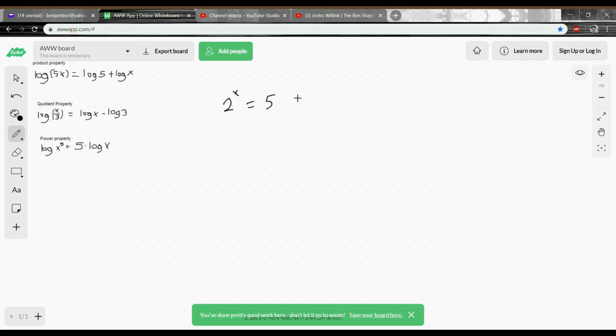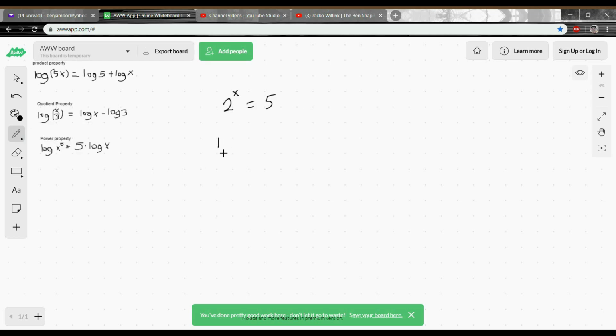Now, previously, we didn't know where to go with this. We were done. We couldn't solve this any further. Now, we know that we can convert this into logarithmic form and try to solve that way. However, instead of doing that, what if we just recognized that logarithm is an operation just like any other, and if we do the same operation on both sides of the equation, the equation remains equal.